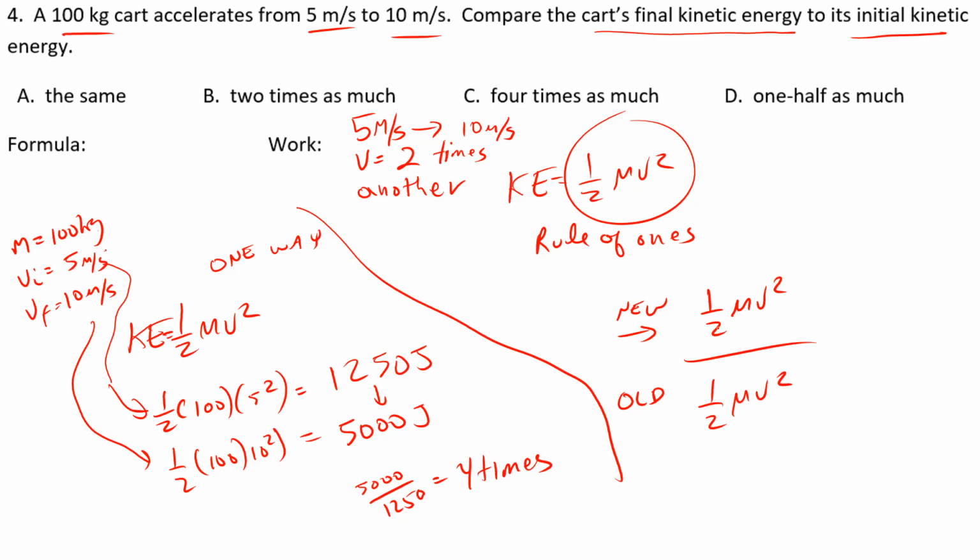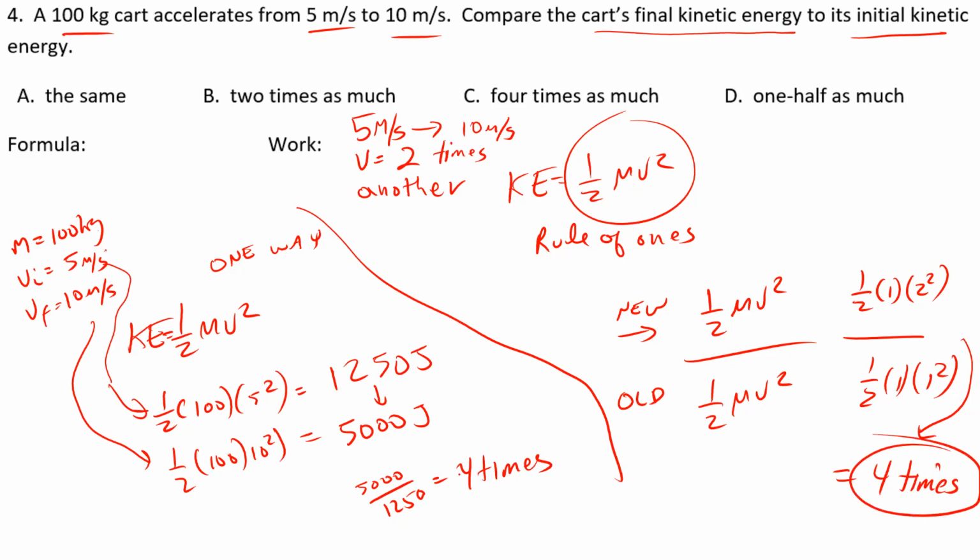That's going to be my v over here, and we'll plug everything in. 1/2 times 1, the mass is the same, times 2 squared, over 1/2 times 1 times 1 squared. When I do that, that is equal to 4 times. So either way you can get to the right answer.